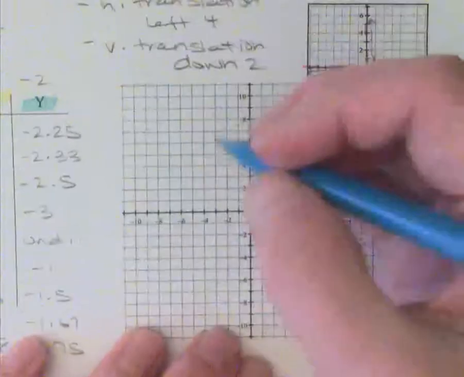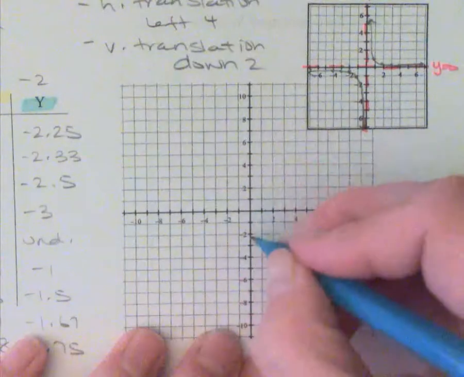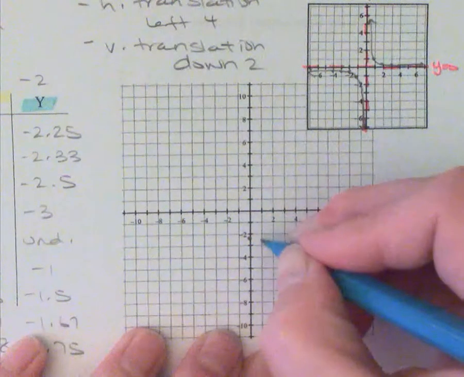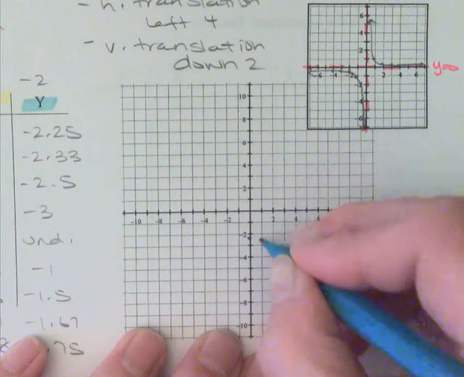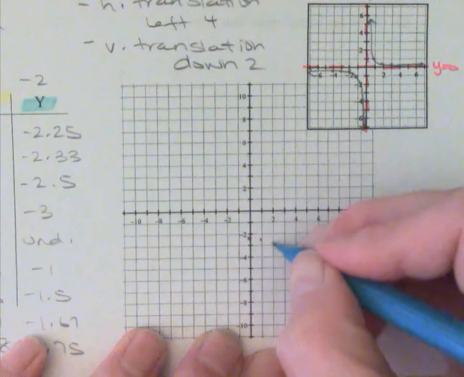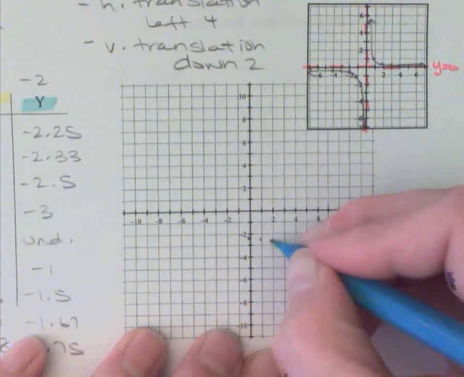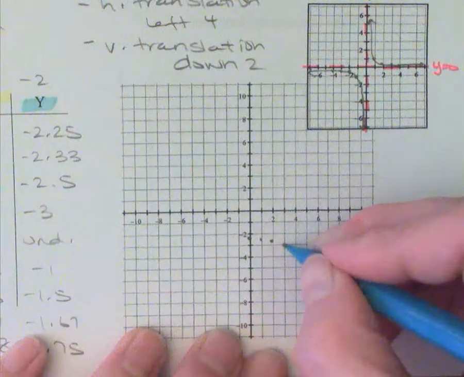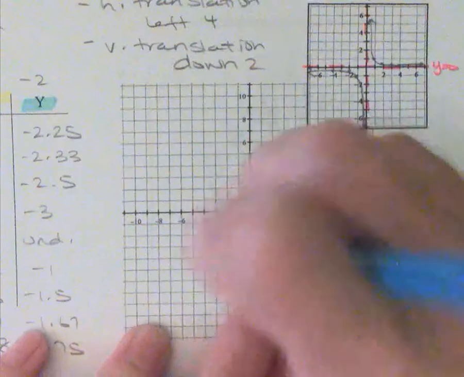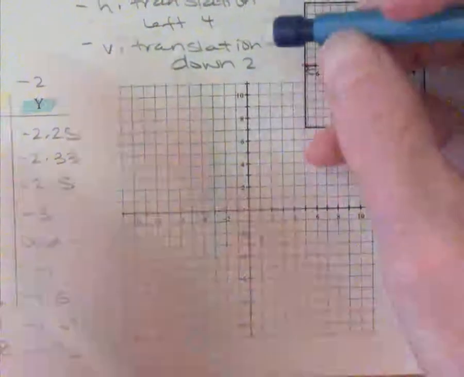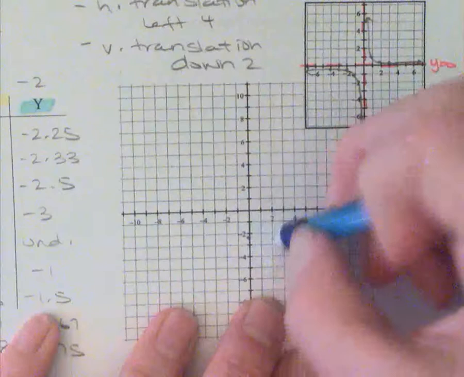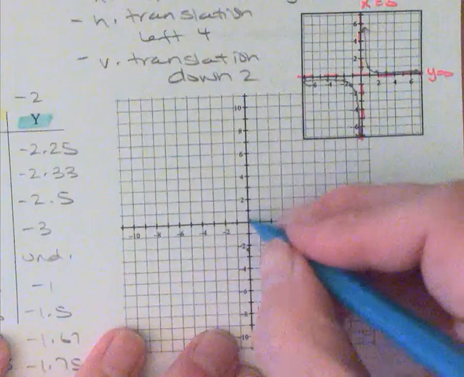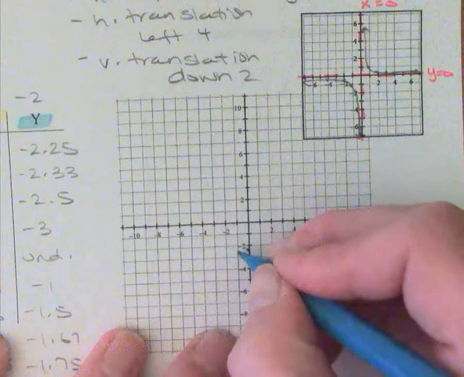Minus 1, minus 1.5, minus 1.67, minus 1.75. So let's see where this goes. So we have 0 and minus 2.25, minus 1 and minus 2.33, minus 2 and minus 2.5, minus 3, minus 3. Oh my goodness, I'm going in the wrong direction again. Sorry, minus 1 and minus 3.